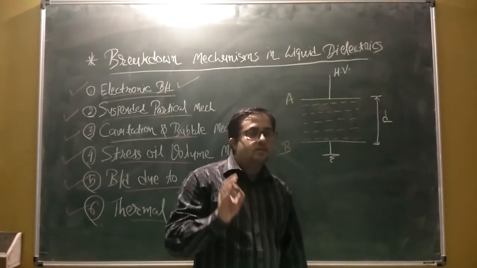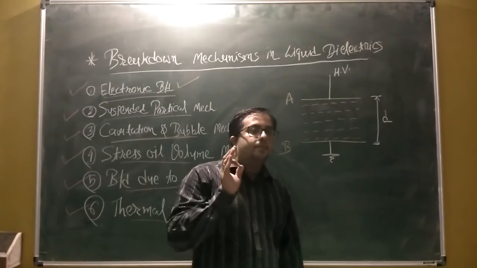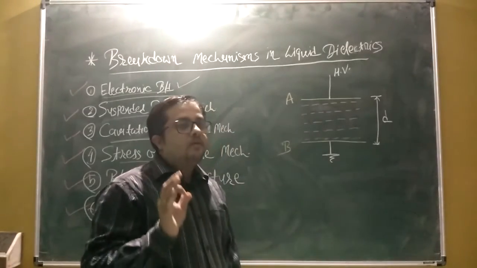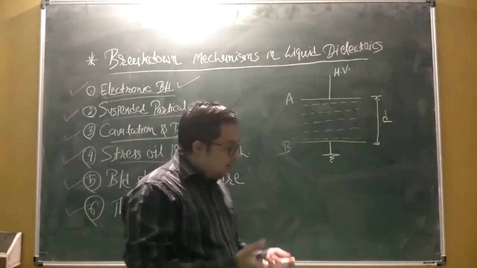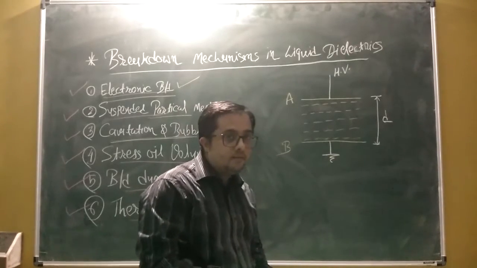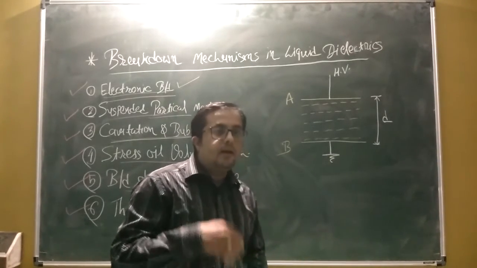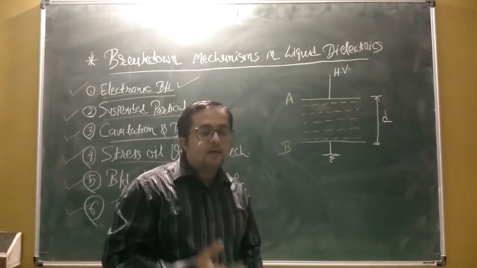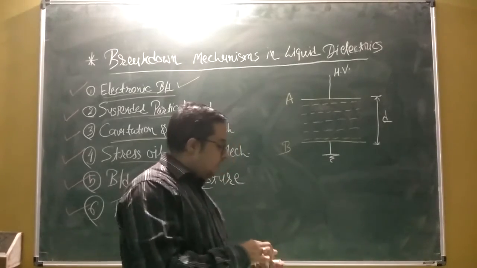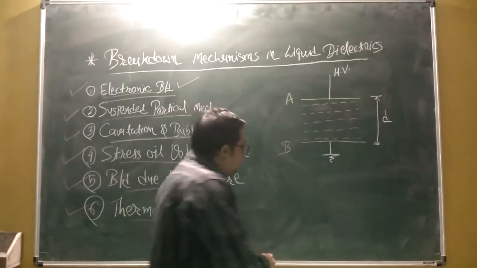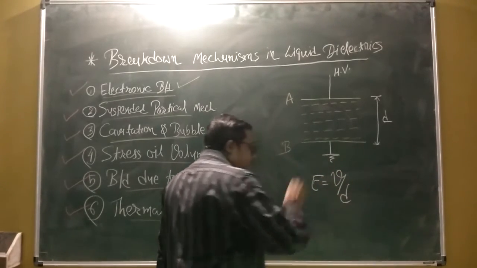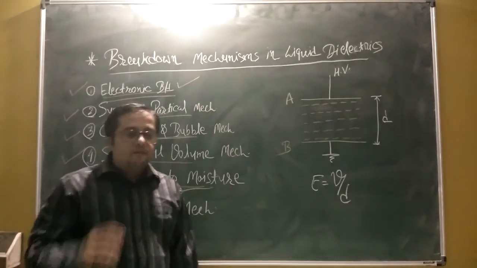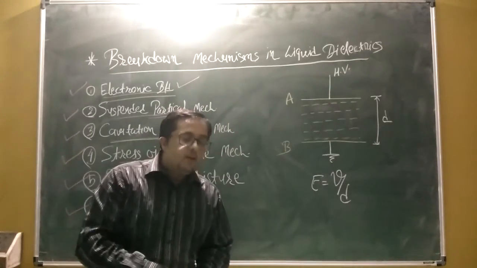The process is known as that the capacitor starts to store the energy in the form of electrostatic field. Electrostatic field means the electric field, and you know that electric field E is given by V upon D.